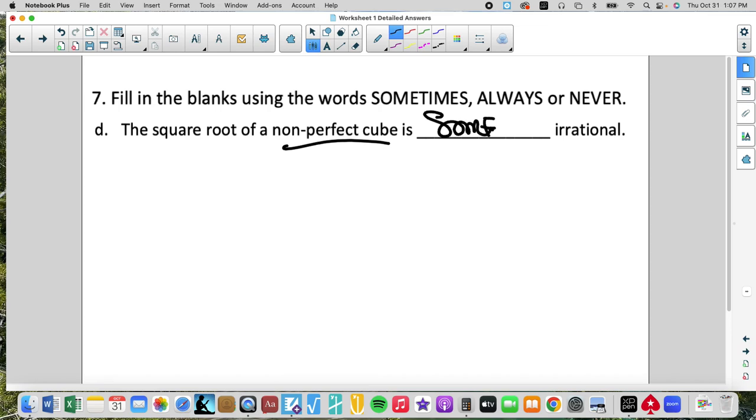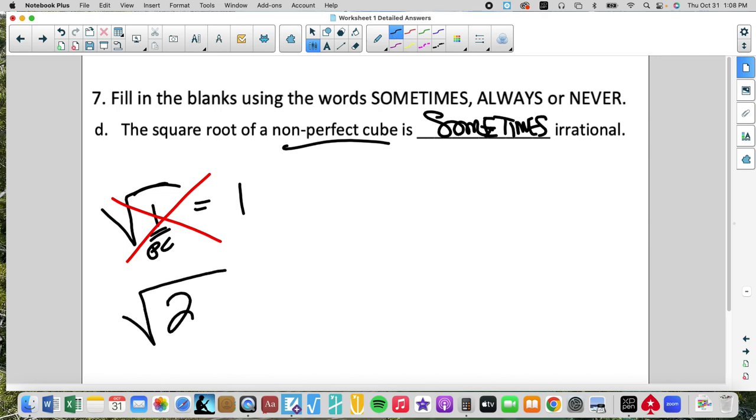So the square root of 1: 1 is a perfect cube, but it produces a rational number. Non-perfect cube, sorry, that's a perfect cube, so that's not an example. So take the square root of the cube root of 2: the cube root of 2 is not perfect, and this produces an irrational, okay?